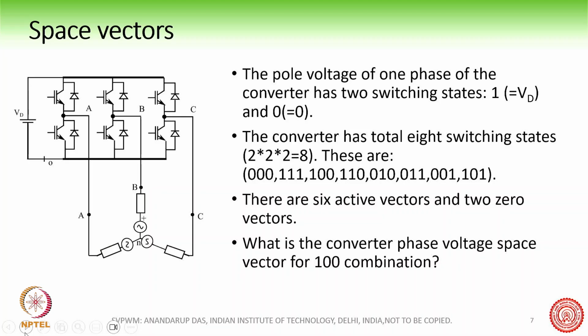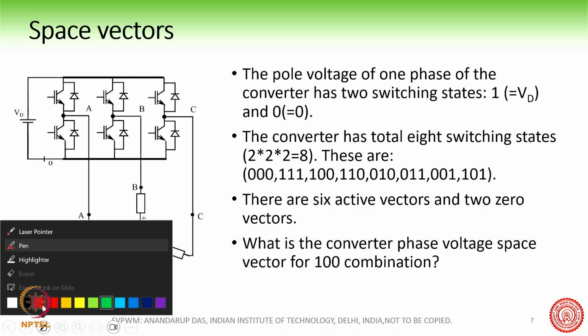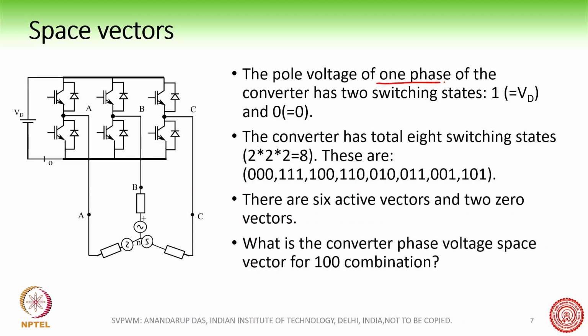First of all, you have to understand that this is the voltage source converter. If you take any one phase of the converter, it has two switching states, given by 1 and 0. You see here there are the top switch and the bottom switch.